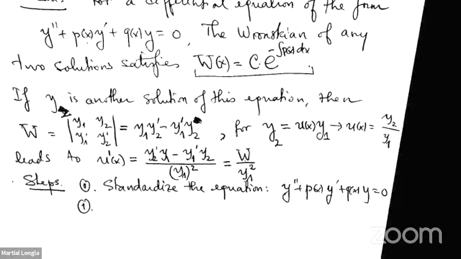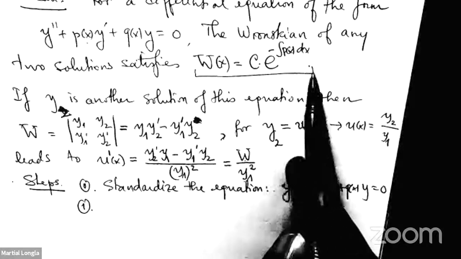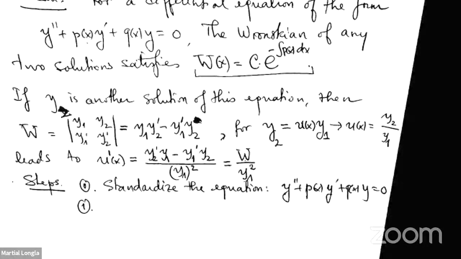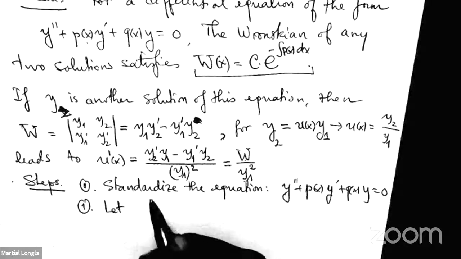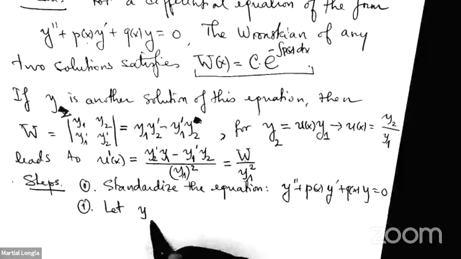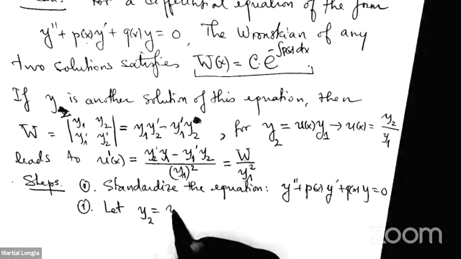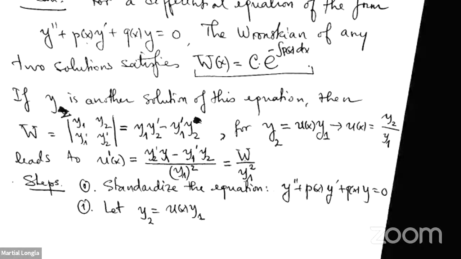Now, on step 1, we do what we just did here. Say, let y2 equals u of x y1, where y1 is the given solution.